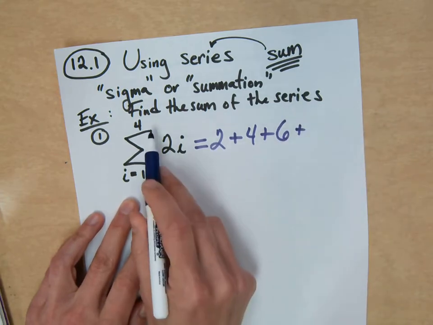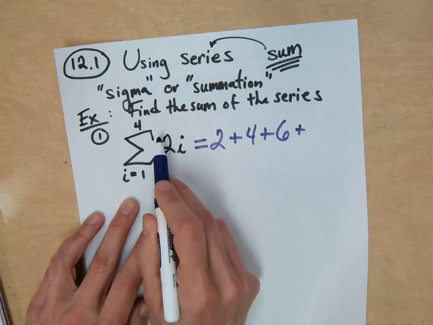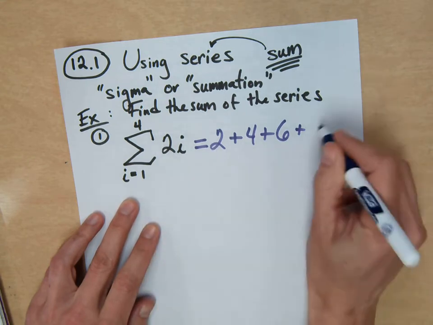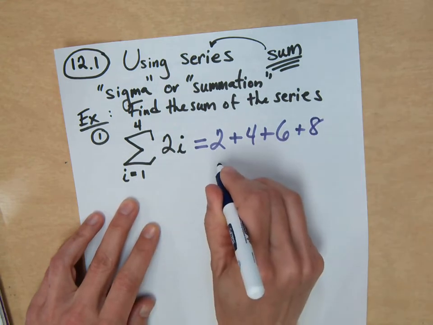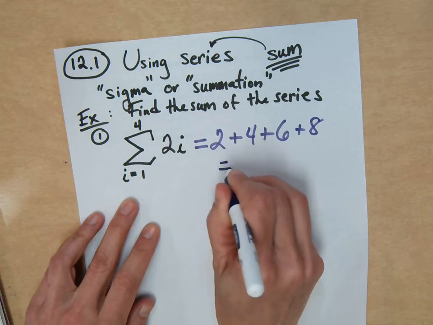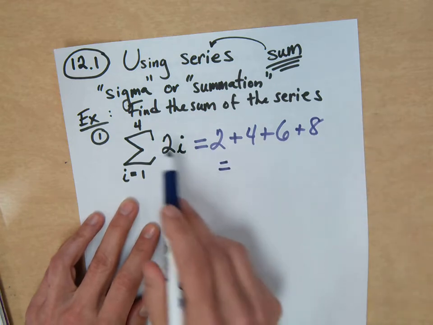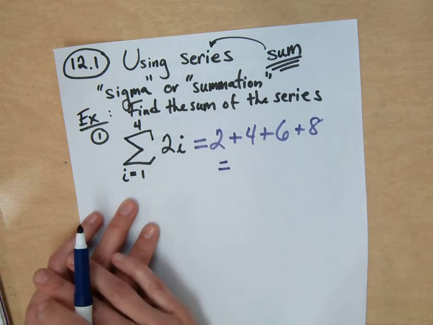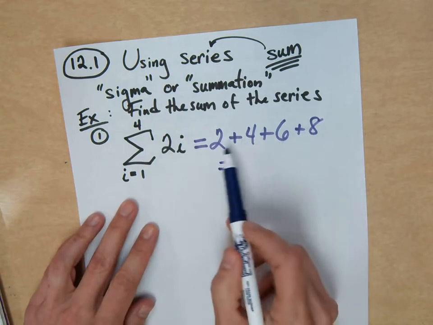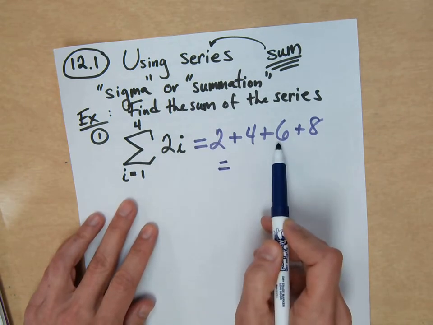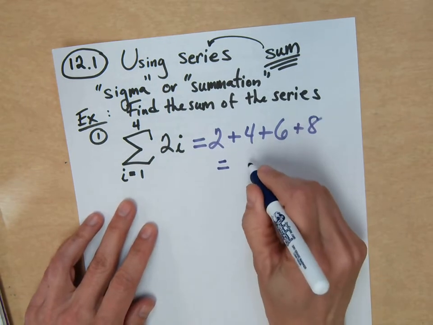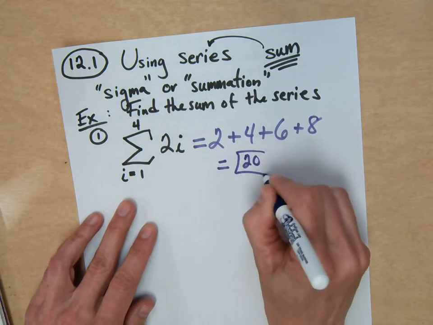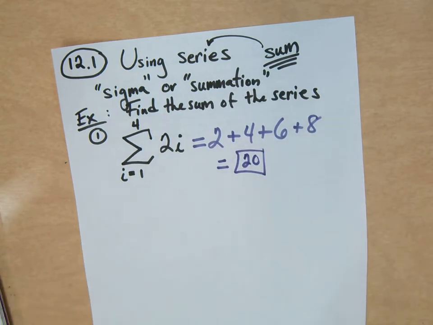And the last one, because it says go from 1 to 4, is 8. And so your answer to the question when it says find the sum is to add up these numbers. 2 plus 4 plus 6 plus 8. 6 plus 6, 12 plus 8 is 20. And that's the answer.